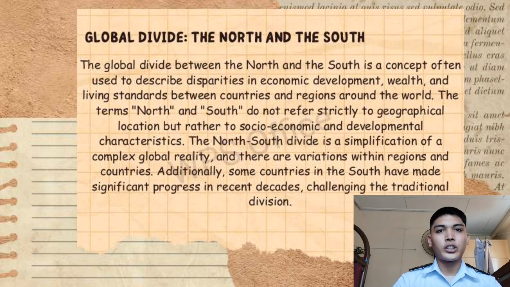These countries were generally less economically developed than their First and Second World counterparts, as some Second World countries joined the First World and others joined the Third World. A new, simpler classification was needed, and the First World became the North and the Third World became the South.